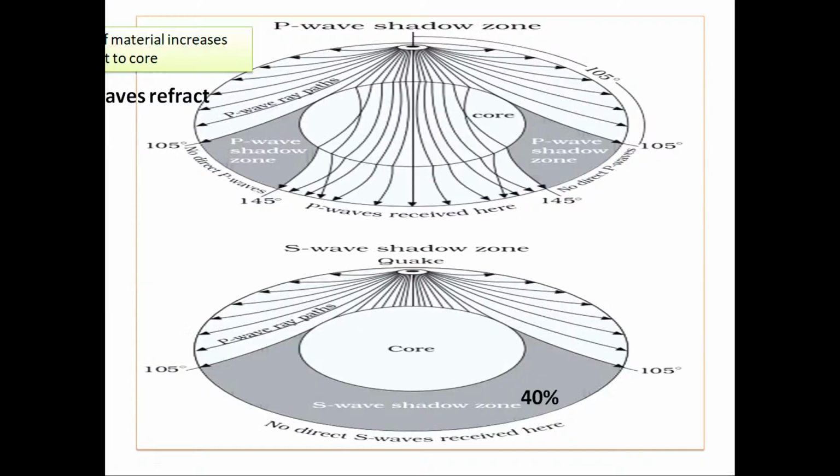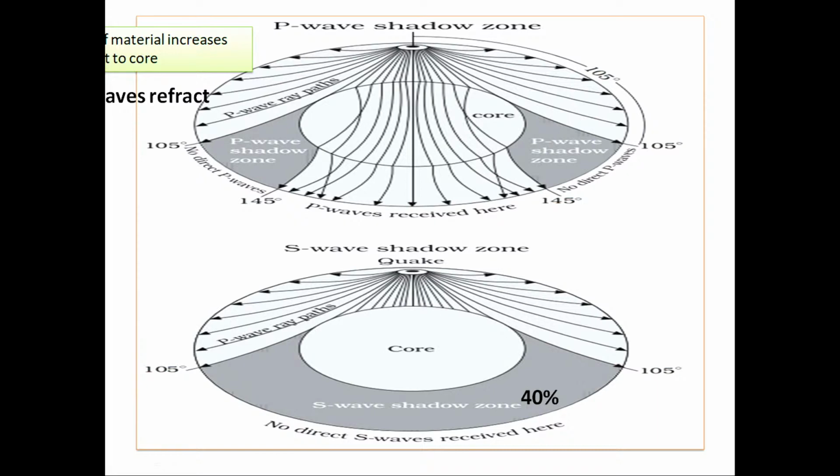So they just deflect from their path, because of which they are not received in these two places. So from 105 to 145 we do not receive any P wave, and this is a shadow zone.